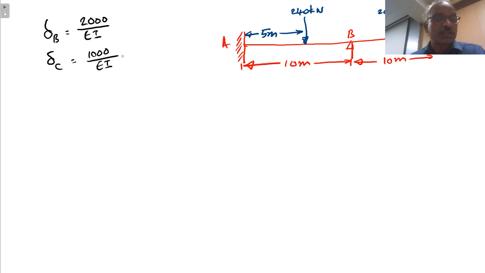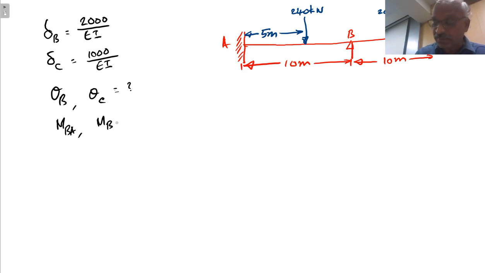So calculate the slopes at B and C. Slopes at B and C means what is the value of theta B, what is the value of theta C. Theta B, theta C equal to what? In terms of EI, calculate the slopes theta B and theta C, and hence find the end moments at B. End moment at B means MBA and MBC.